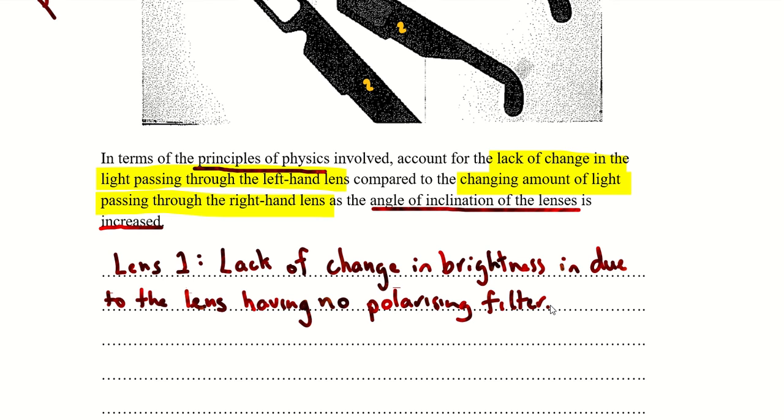We also know that lens 2 is fading because there is a polarizer.